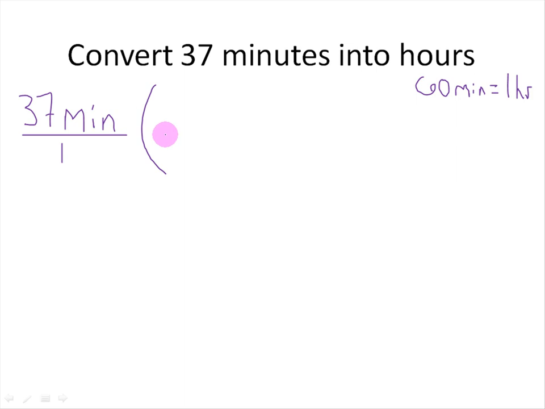So I can put the minutes in my denominator's position. So I have 60 minutes, abbreviated with just an M there, 1 hour. This is just the number 1. 1 hour over 60 minutes is exactly equal to 1.